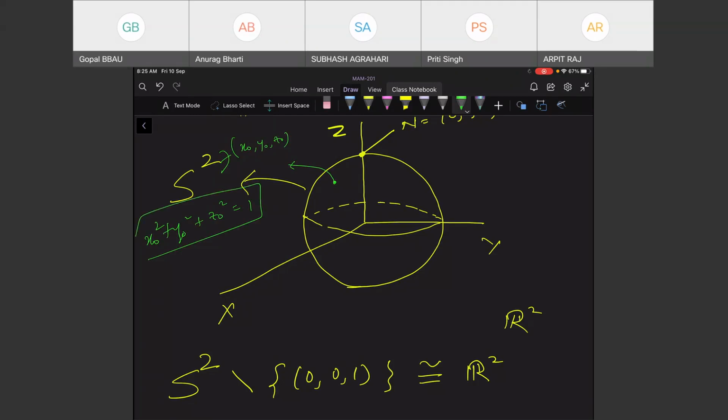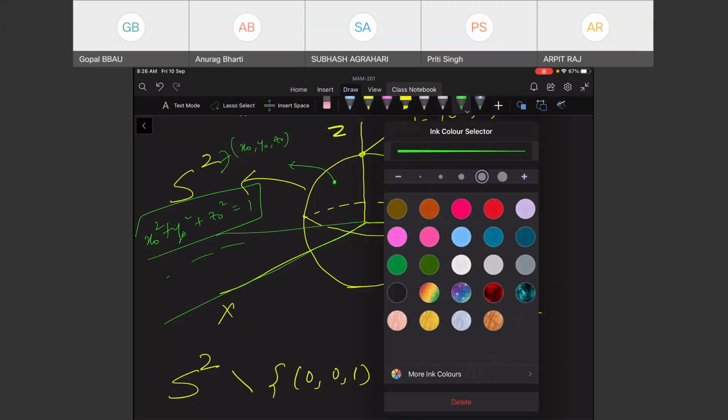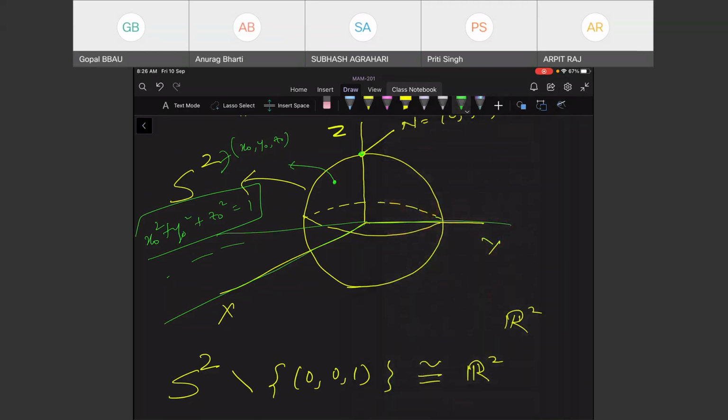You want to find a map which sends this x naught, y naught, z naught to a point in R2, in the xy plane. For that, you connect this north pole and this point x0, y0, z0 via a line.